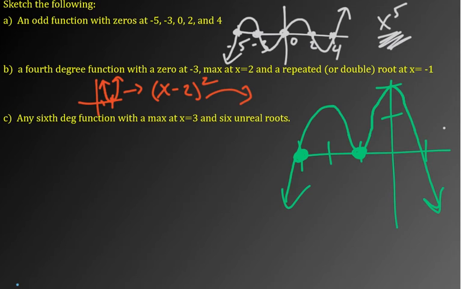All right. And then last but not least, I want a sketch here of a 6-degree function that has a max at 3 and 6 unreal roots, okay?